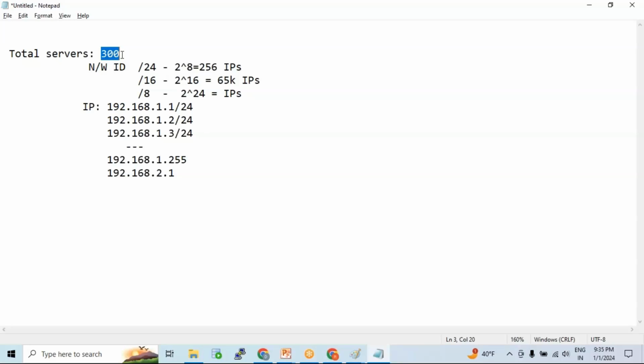No, right? Because /24 will give us only 256 IPs. To get 300 IPs in a single network, I need a different network ID which can give me at least more than 300 IPs. So we need to do the calculation of which network ID will give us how many IPs, then go with the specific network ID for your use case.